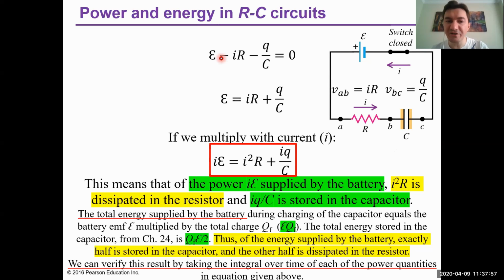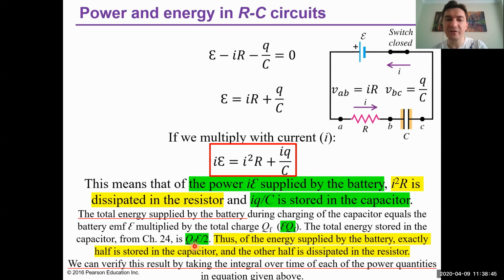So what about the energy? The total energy supplied by the battery during charging of the capacitor equals the battery EMF multiplied by the total charge. So the total energy supplied by the battery to that circuit is given by EMF times the final charge of the capacitor. Then we know from chapter 24 that the total energy stored in the capacitor is given by QE over 2, okay?